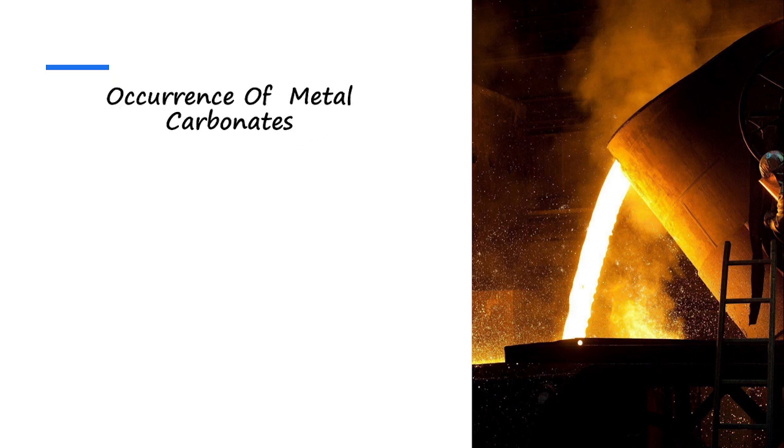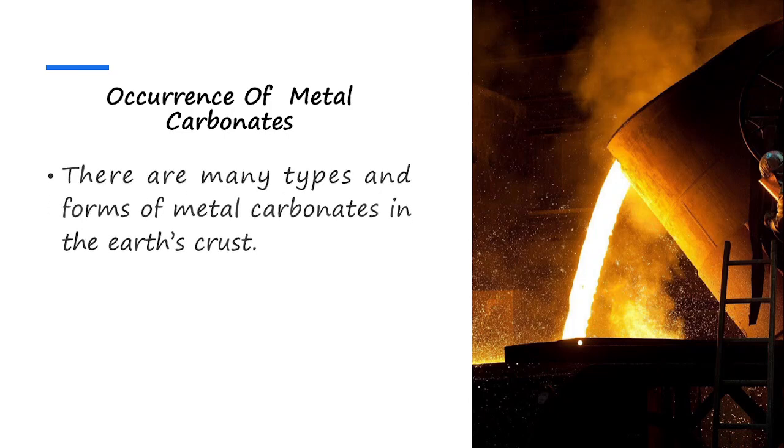We'll start with the occurrence of the metal carbonates. How do the metal carbonates occur, or how do they appear on our Earth's surface? There are many types and forms of metal carbonates in the Earth's crust.